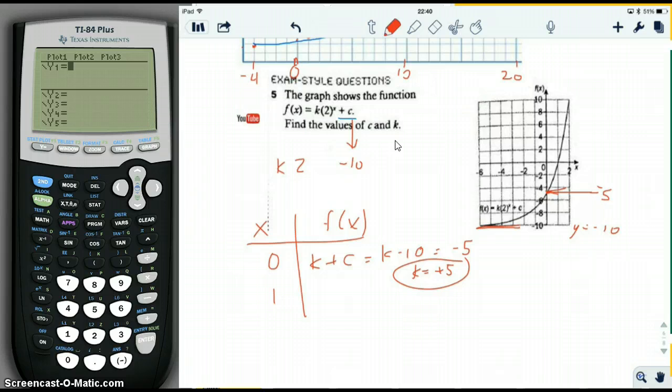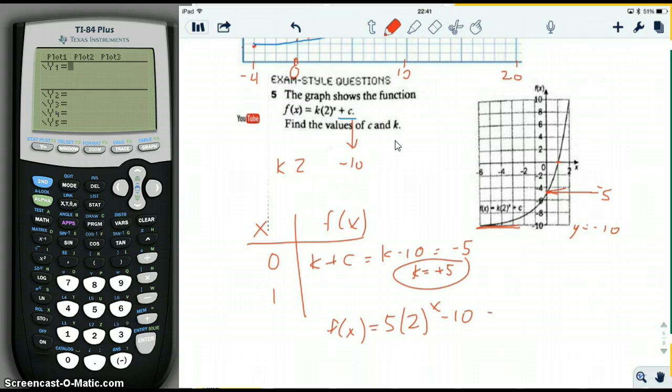Okay? So I think that's it, but let's just make sure by trying one extra value. Let's see if another value works. For example, a really easy one is x equals 1. X equals 1 looks like it's going to be exactly y equals 0.